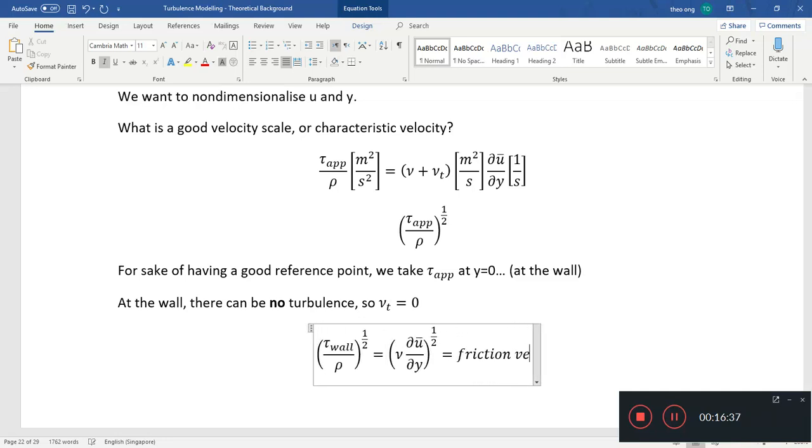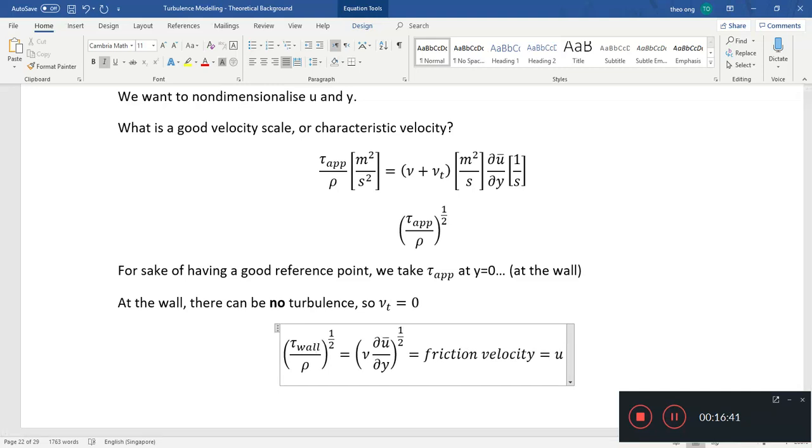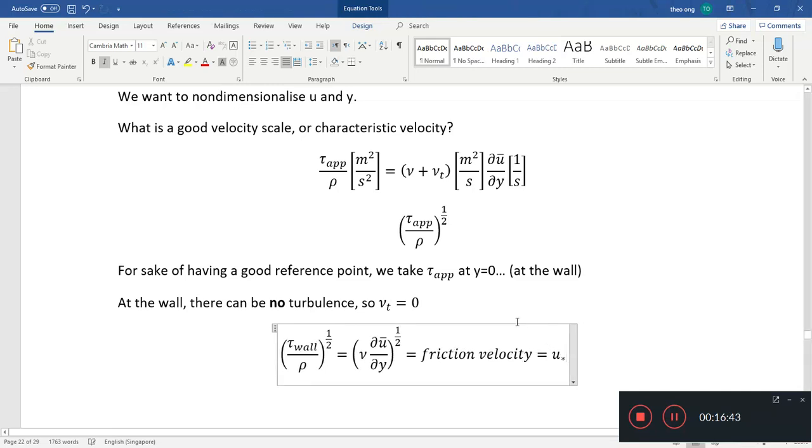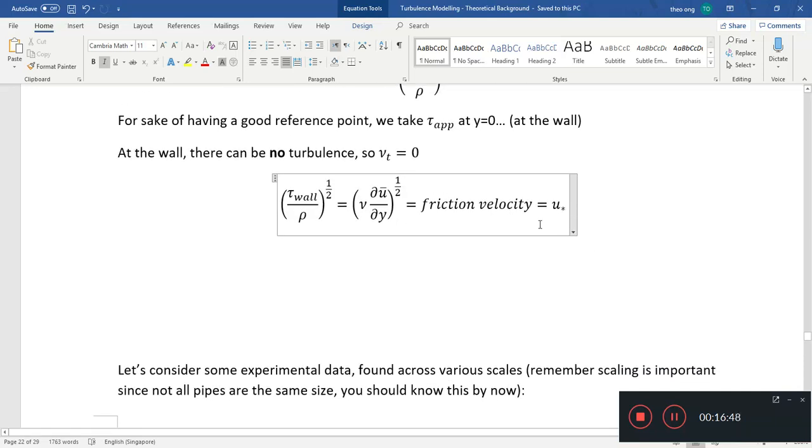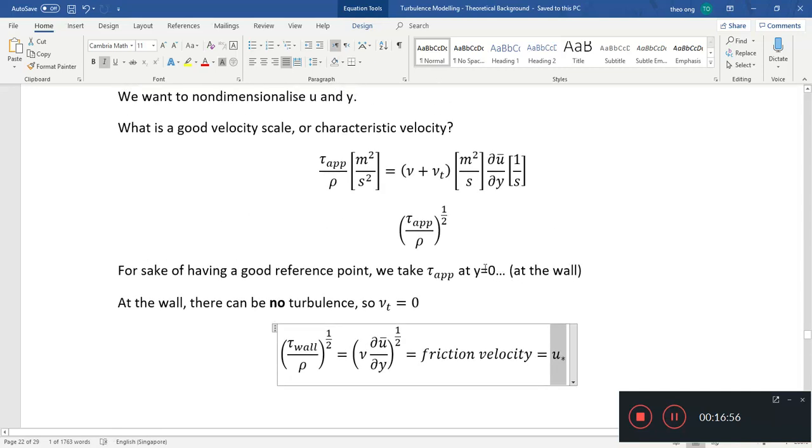Friction velocity. Some people like to use this notation. For example, in Adrian Bejan's Convection handbook or Convection textbook, it will use this kind of notation. So this is the friction velocity with which we can non-dimensionalize u.